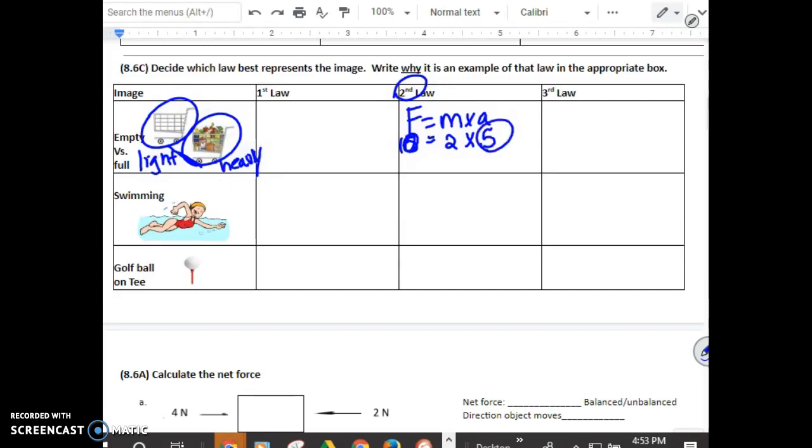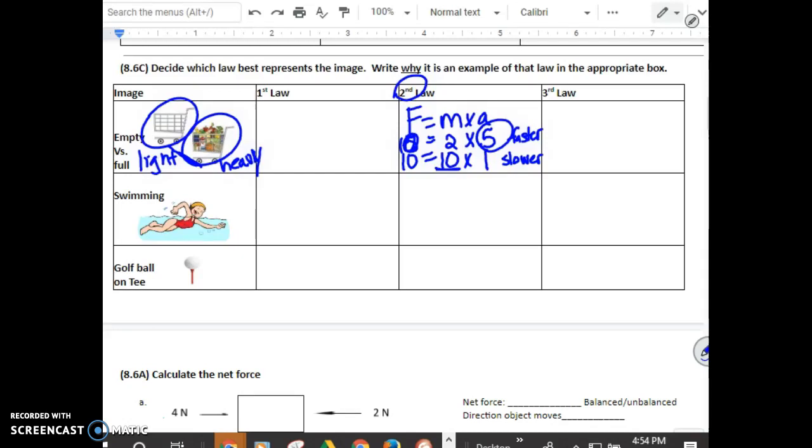If I have a large mass, like let's say 10, and I apply the same force of 10, then I am going to have a much slower acceleration of 1. So this is going to be much slower, which makes sense because this is my heavy object right here. And this one is going to be a lot faster acceleration. And we all know that lighter things accelerate a lot faster.